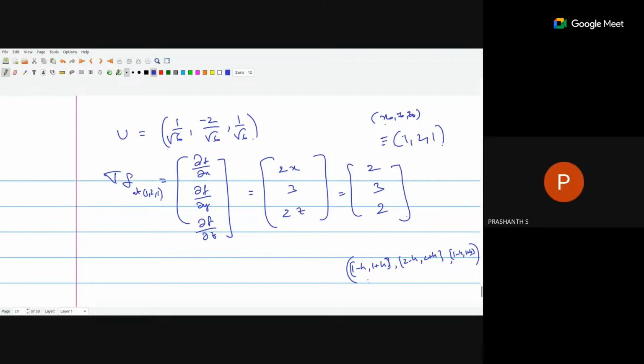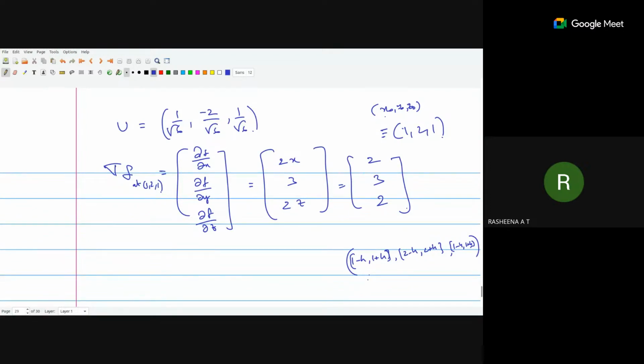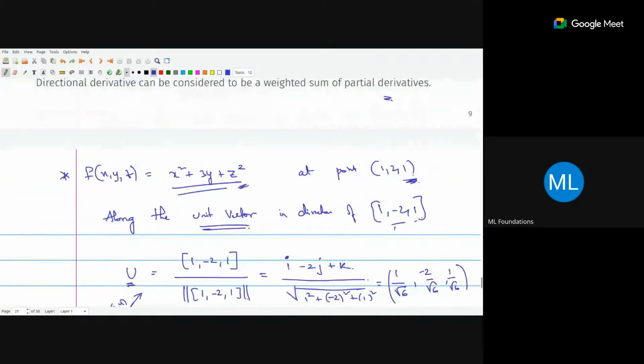In that small interval, the rate of change with respect to each variable is 2, 3, and 2. Yes, it depends upon the given function. Here y is linear, so its derivative will be a constant. When I fix x squared and z squared and want to see the rate of change of this function when I change y, the function value will change by 3 times y.